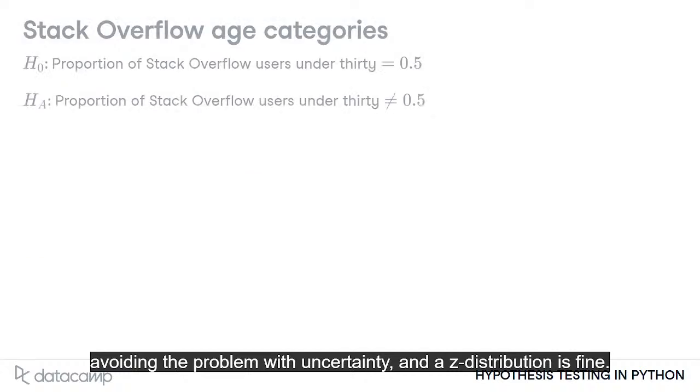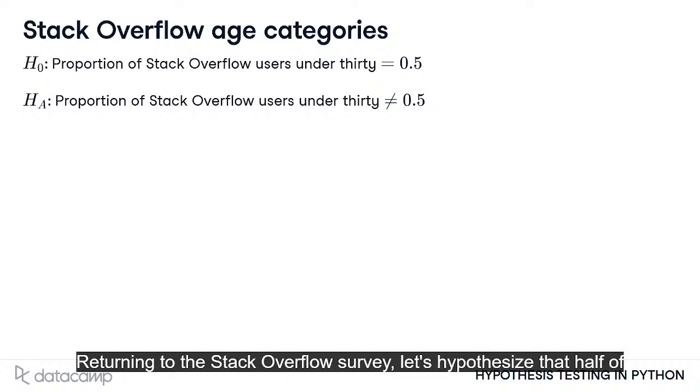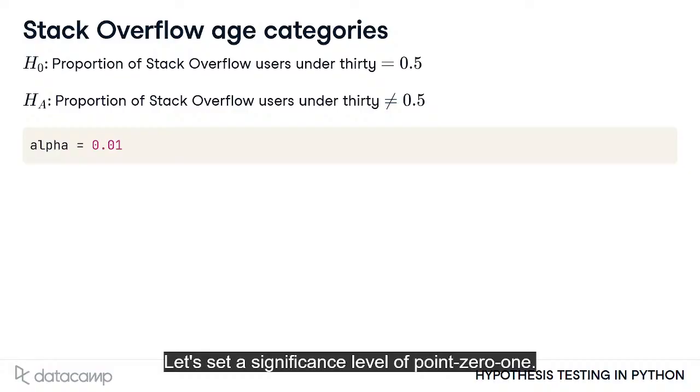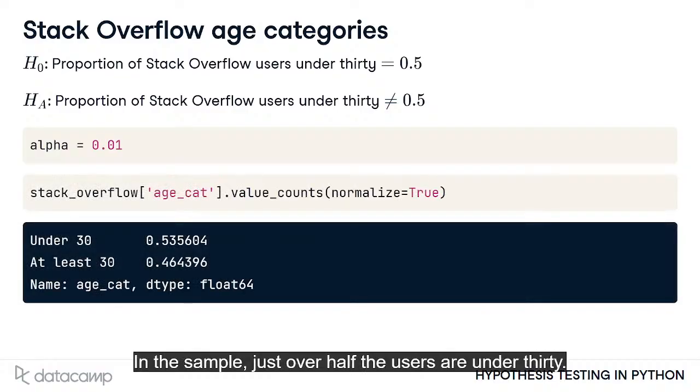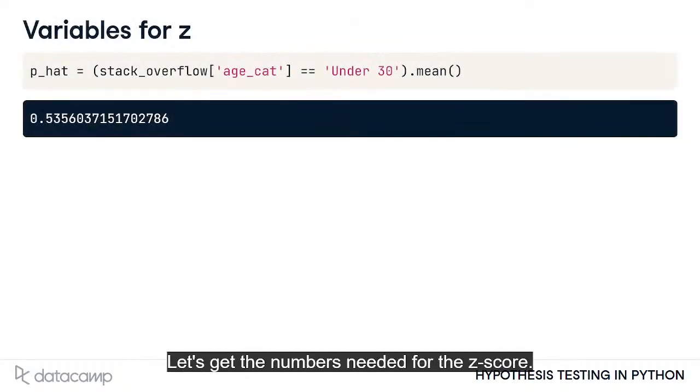Returning to the Stack Overflow survey, let's hypothesize that half of the users in the population are under 30, and check for a difference. Let's set a significance level of 0.01. In the sample, just over half the users are under 30. Let's get the numbers needed for the z-score.